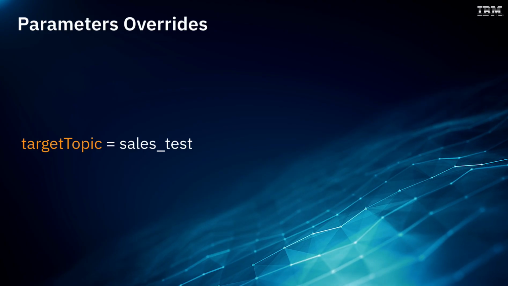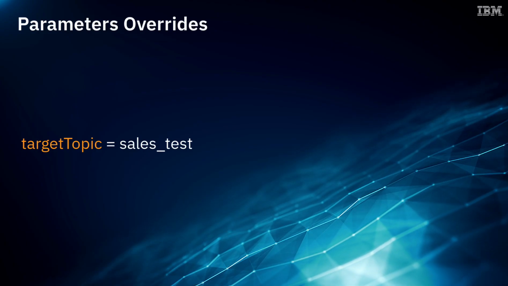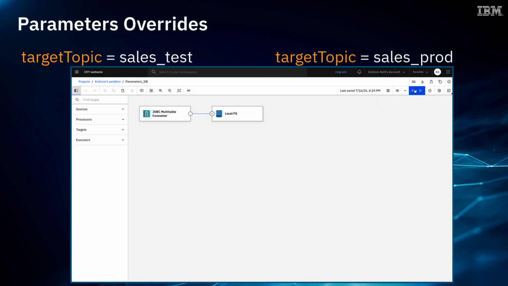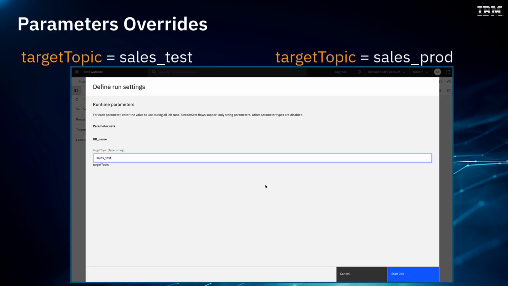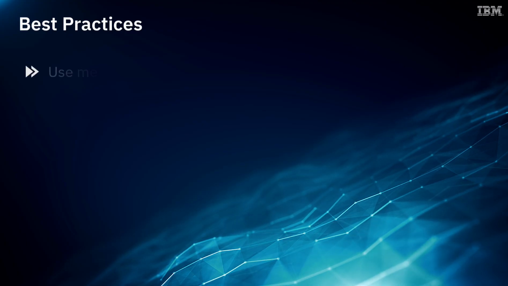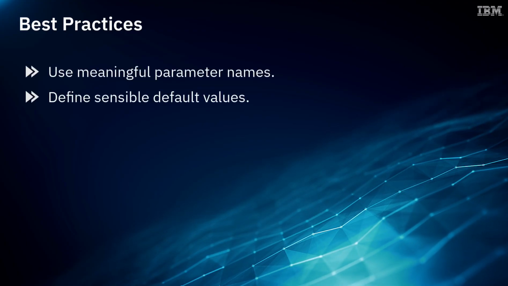For example, the default value for a parameter named target topic might be sales_test, but when deployed to production, the value can be overridden to sales_prod without modifying the data flow. When working with parameters, use meaningful parameter names. Define sensible default values.